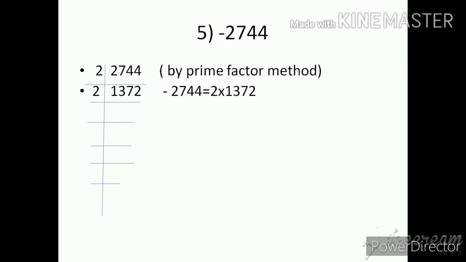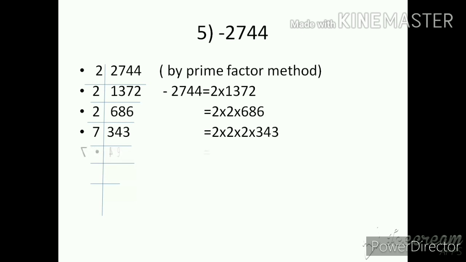Again, unit place is 2. It means it is divisible by 2. When you divide, children, you get 686. Again, unit place is 6. It means it is divisible by 2. So you get 343. It is a cube of, children, 7.